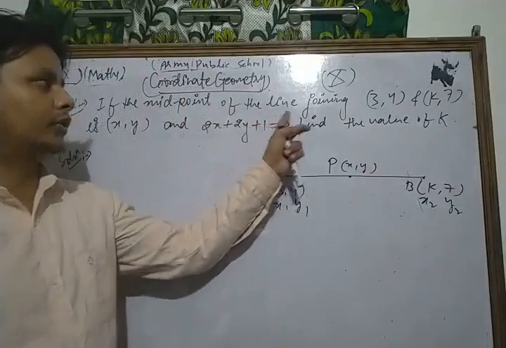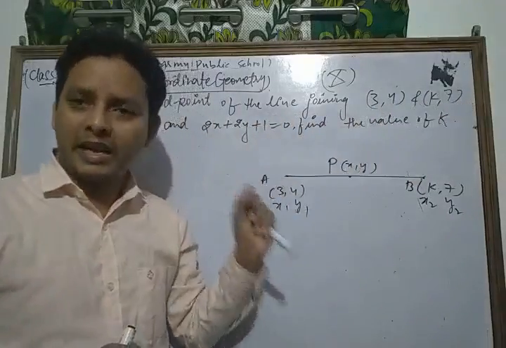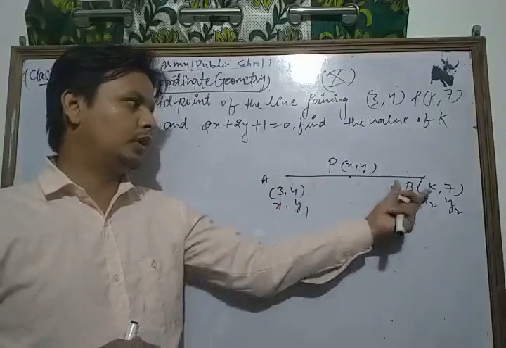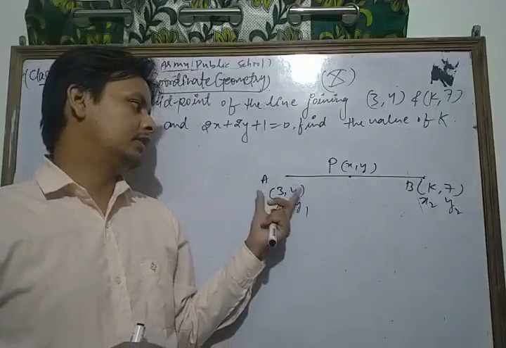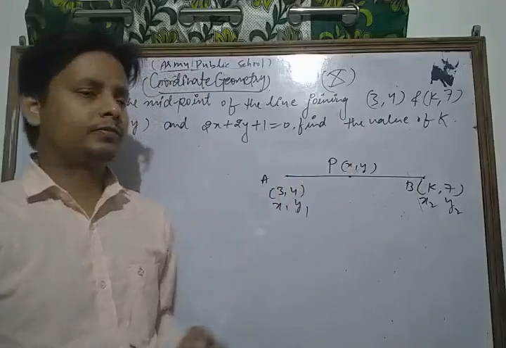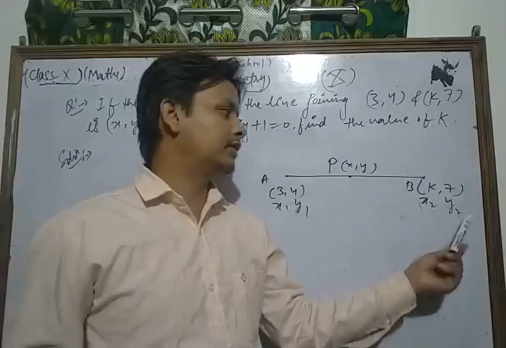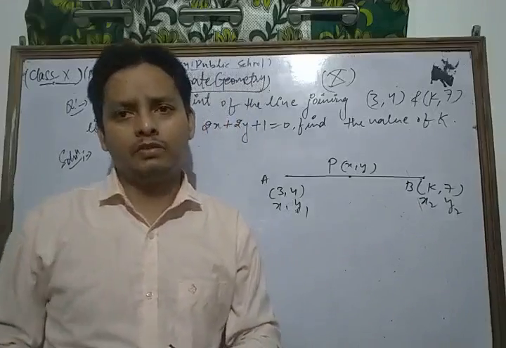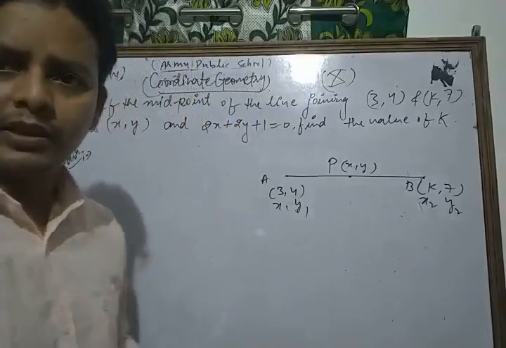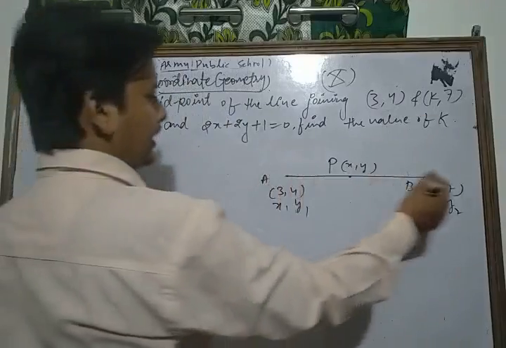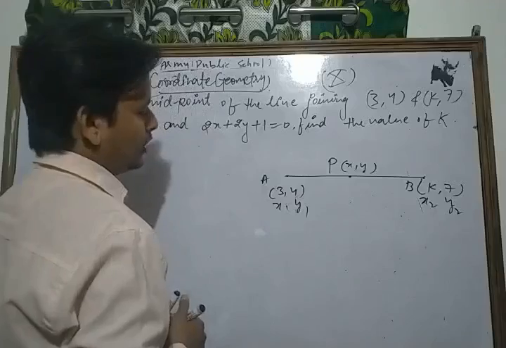The midpoint of the line joining these points is (x, y). So suppose P is the midpoint of line segment AB and its coordinates are (x, y), as given in the question. We take the coordinates of A as (3, 4) and the coordinates of B as (k, 7), and the midpoint of line segment AB is P(x, y).